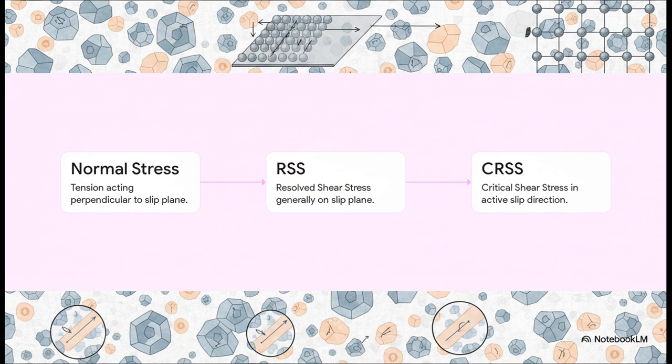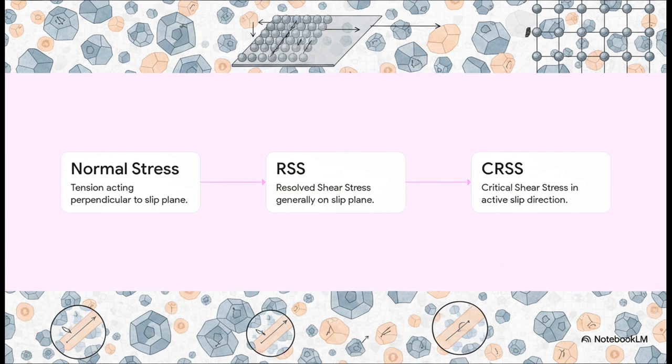Step 1, we calculate the normal stress acting perpendicular to the slip plane. Step 2, we calculate the resolved shear stress, or RSS, which is the stress acting generally across that plane. Step 3, we isolate the specific shear stress acting exactly in the active slip direction. We call this the critical resolved shear stress, or CRSS.